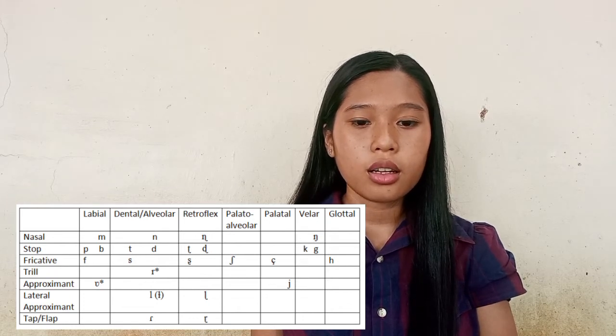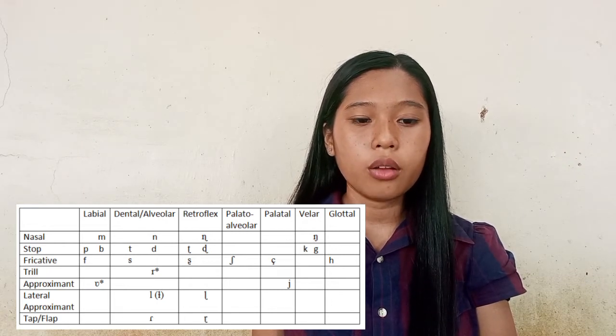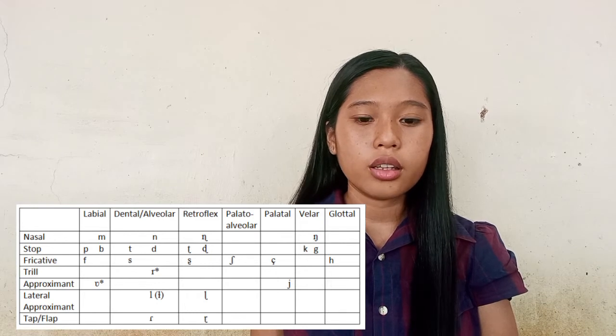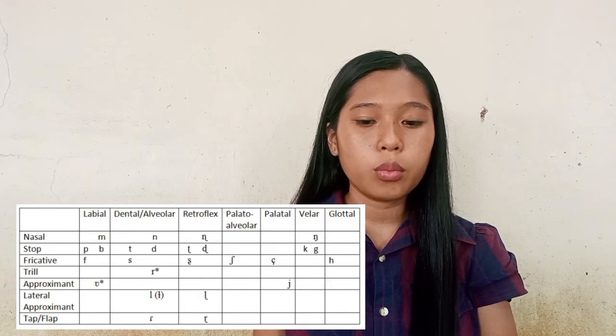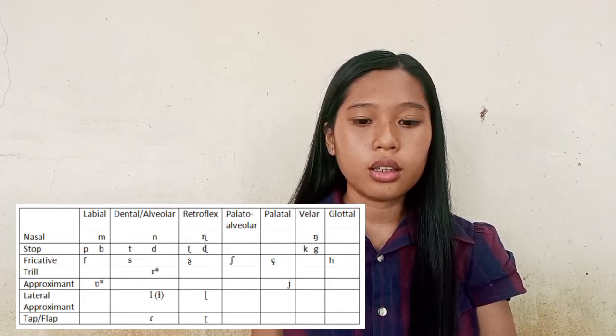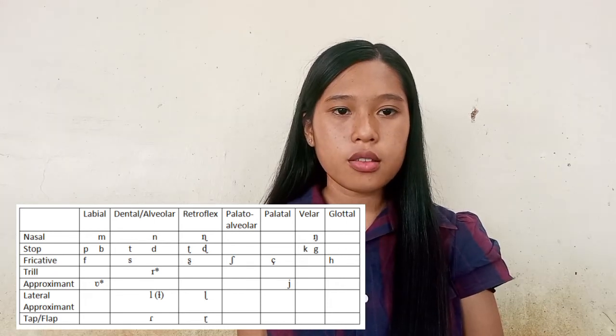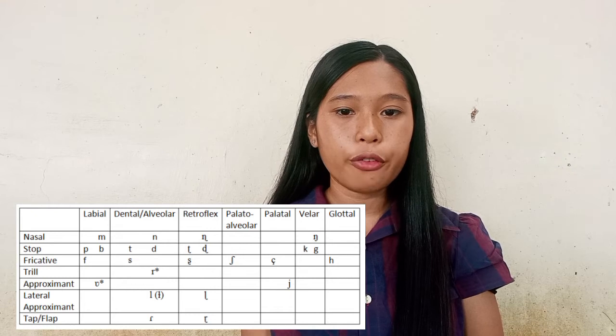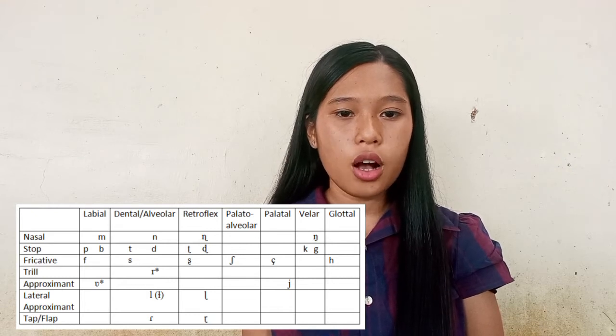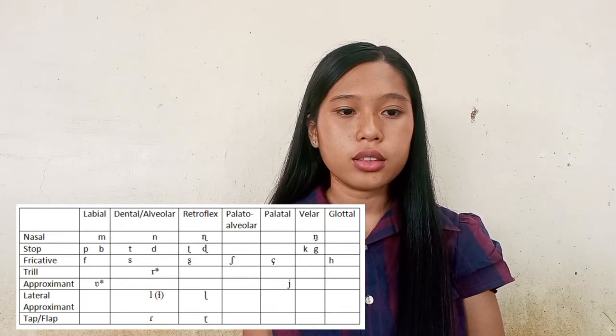K, ka, voiceless velar plosive. B, ba, voiced bilabial plosive. D, da, voiced alveolar plosive. G, ga, voiced velar plosive. F, fa, voiceless labiodental fricative. S, sa, voiceless alveolar fricative. Sh, sha, voiceless retroflex fricative.